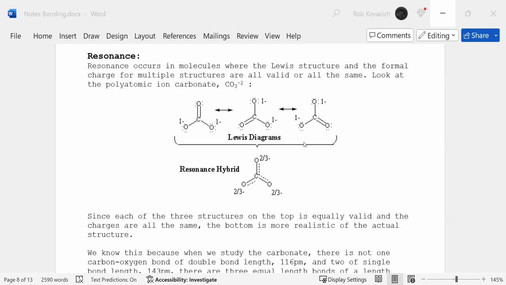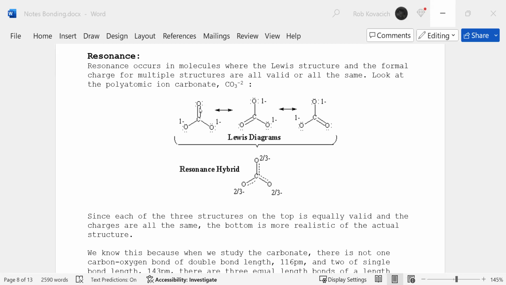The other thing about how we know this is true is there is a specific distance that a single bond between a carbon and an oxygen forms, and a specific distance between a carbon and an oxygen with a double bond. And so if this was true, you would see these single bonds from the carbons to the oxygens would be longer than this double bond to the carbon oxygen. And that's not the case.